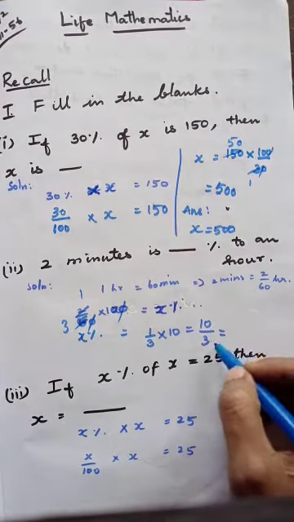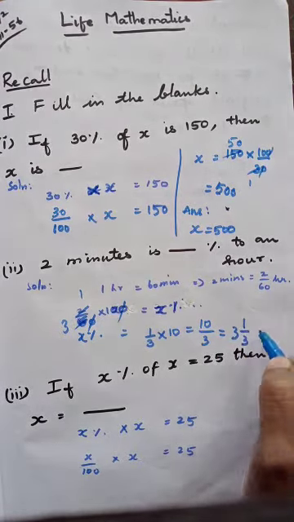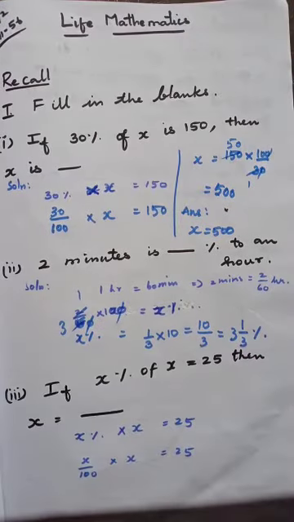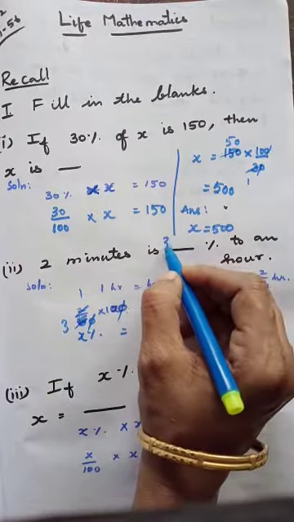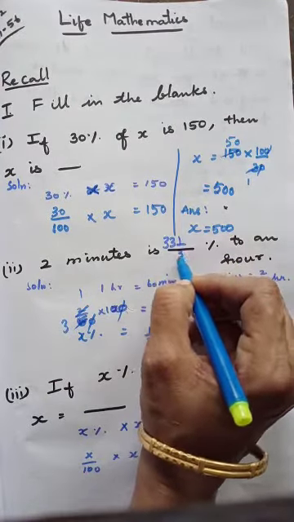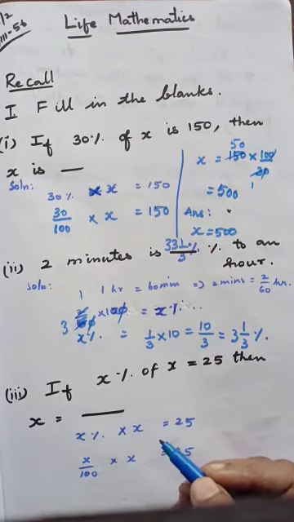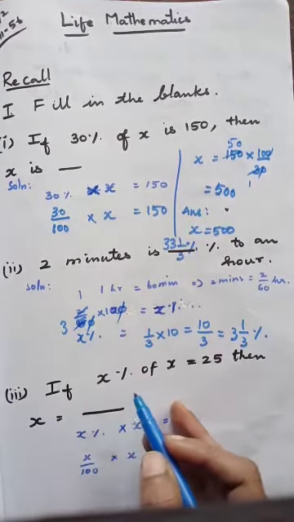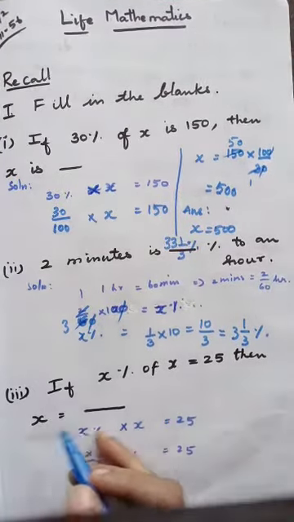In mixed fraction, 3 3s are 9, remaining 1, then 1 by 3 percentage. So it is 33 1 by 3 percentage. Have you understood? Okay.